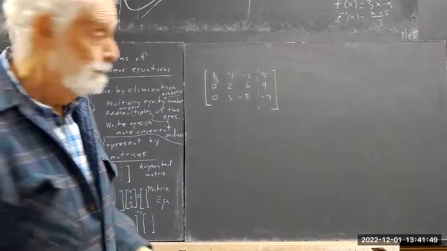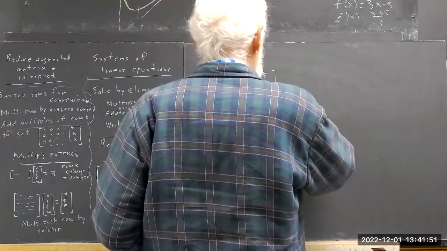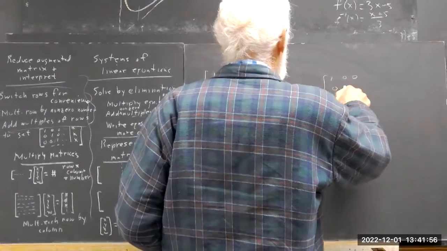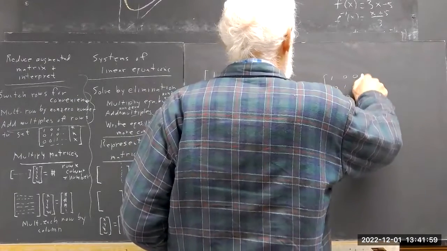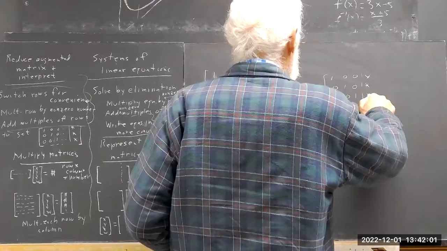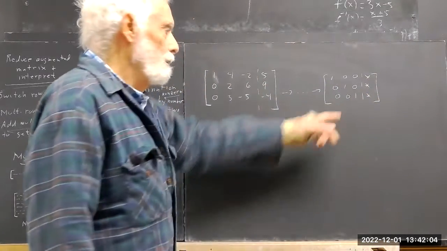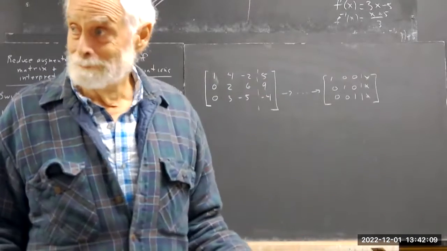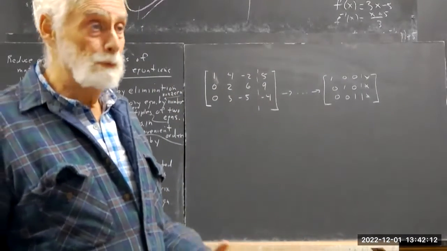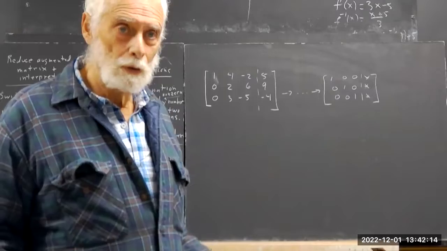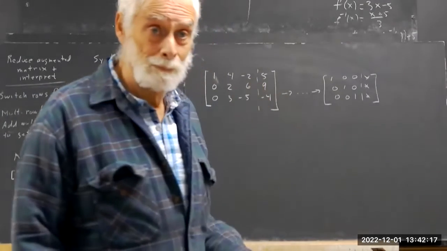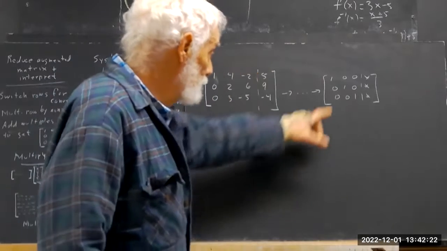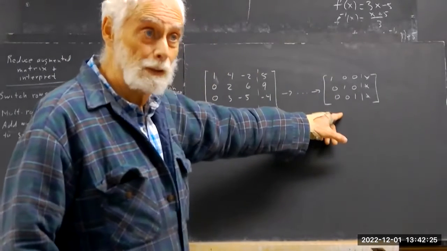You know where you're trying to get, trying to reduce it. In this form, the asterisks are numbers that just go along for the ride. When you do something to a row, you do it to the whole row, and that's going to change these numbers over here. But what you focus on is the left-hand side, where you're trying to get this identity matrix.